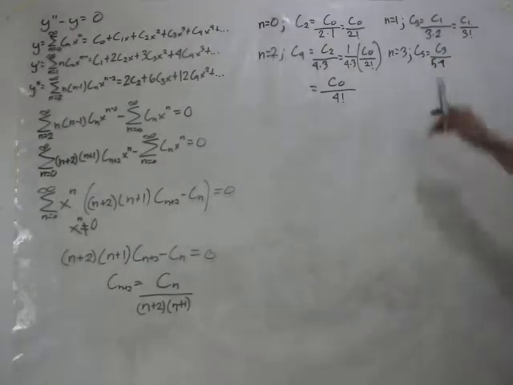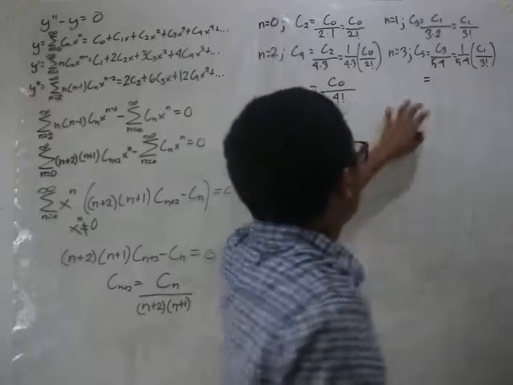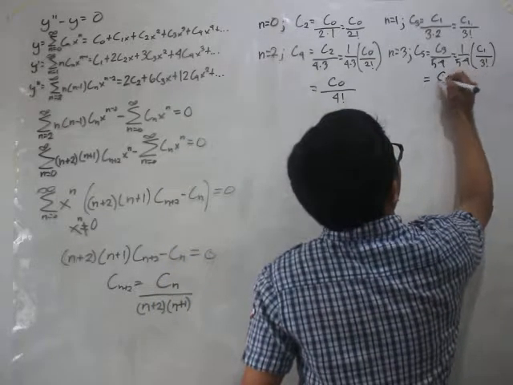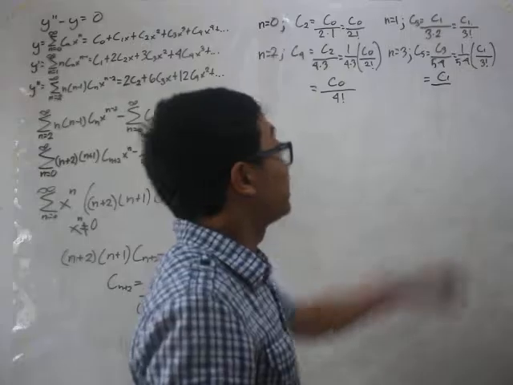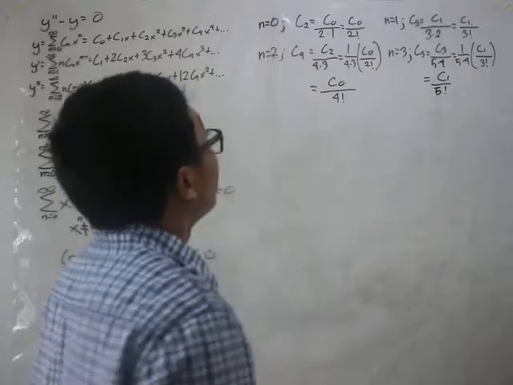We have c3 here, so again we need to substitute it. 1 over 5 times 4 times c3, which is c1 over 3 factorial. So that will lead to c1 all over 5 times 4 times 3 factorial, which is understood as 5 factorial.